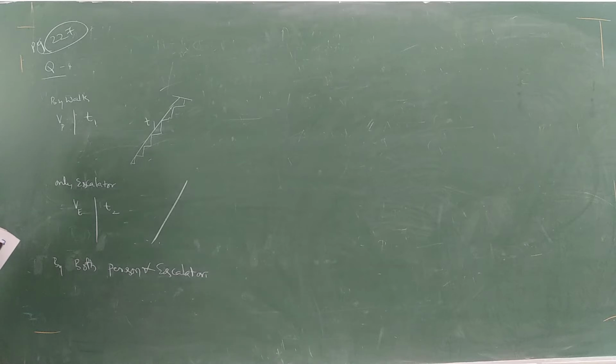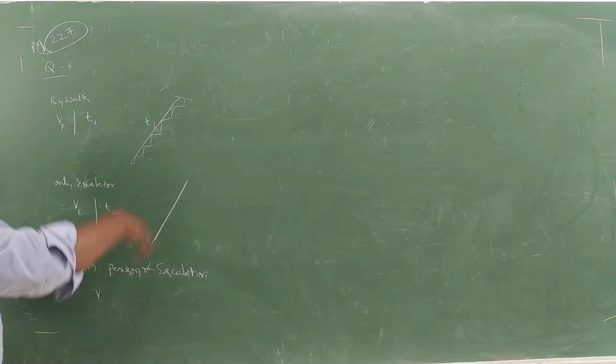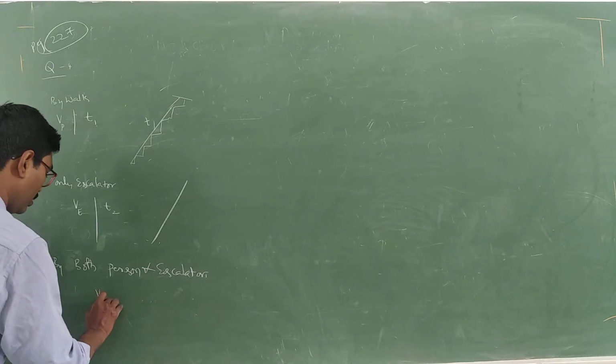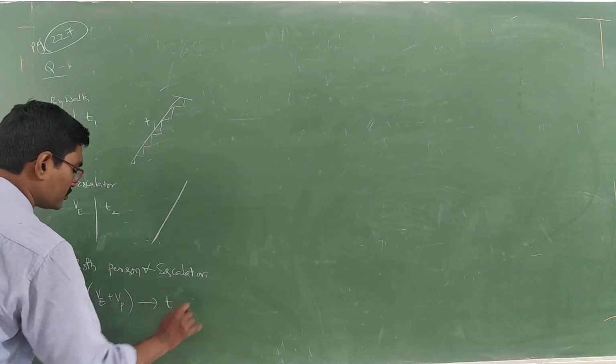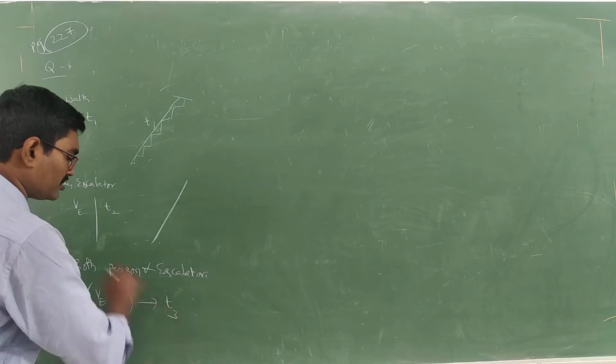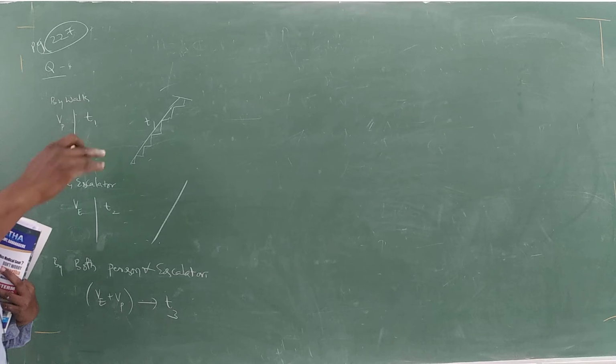So in this situation, both are moving together, so the resultant velocity is VE plus VP, with which it is going with a time of t3 seconds. The t3 will be less. So t1 is more than t2, then t3. That is, t1 is greater than t2 is greater than t3.